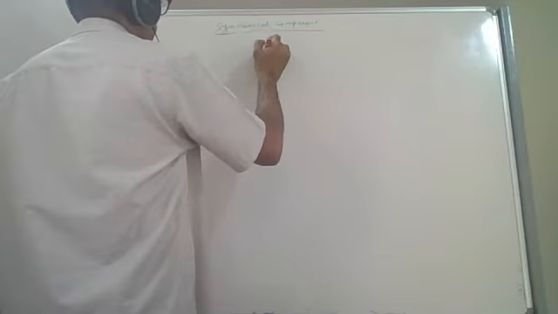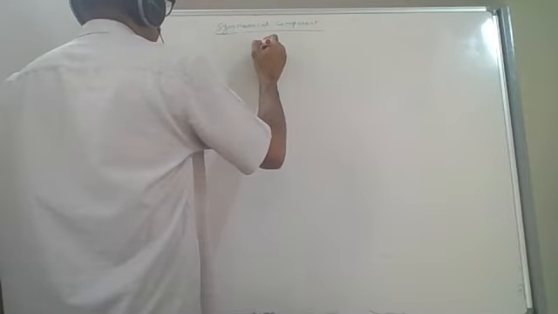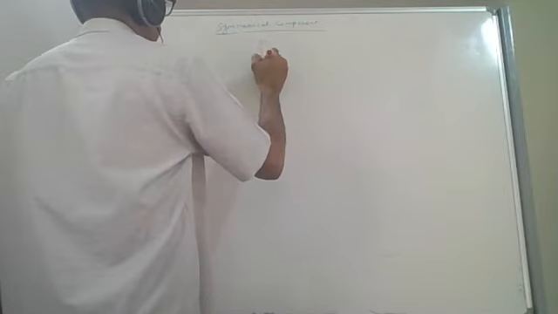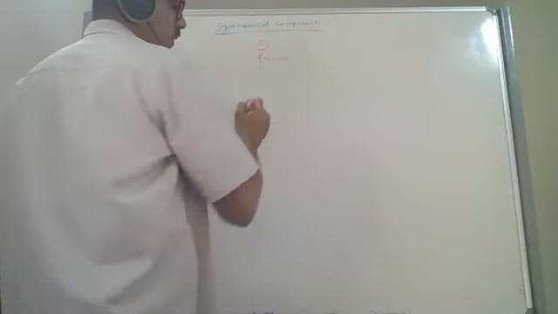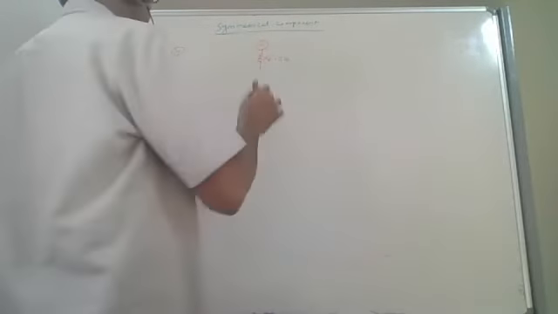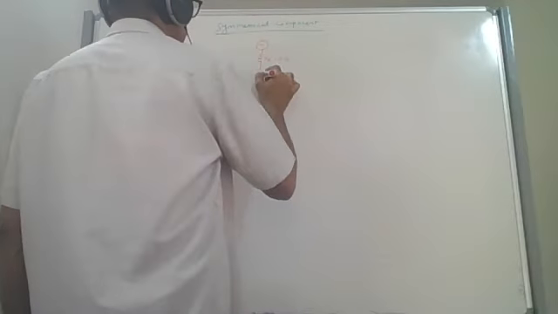What is the impedance of this? Let me draw it like this. The impedance of this is XT double dash, let's say 0.16. Let's say the transformer is 7%, 0.07.